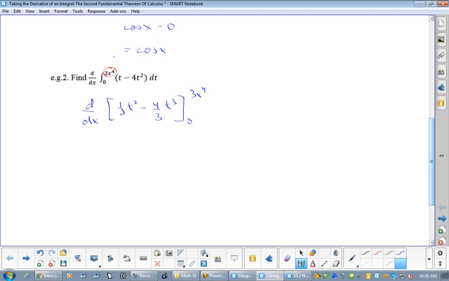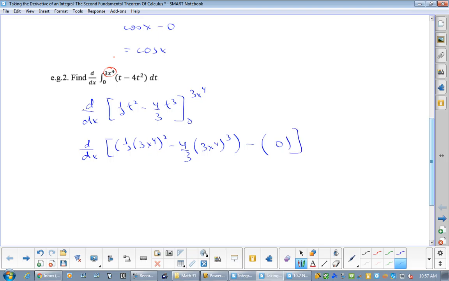So let's plug it in before we do the derivative of it. That'd be 1/2 (3x to the 4)^2 minus 4/3 (3x to the 4)^3. Okay, we'll shut that bracket, minus. Now, when you put in 0, we don't have to do all the work, do we? You would get 0 in that case.